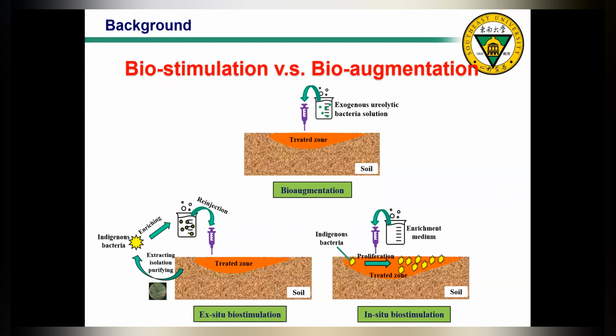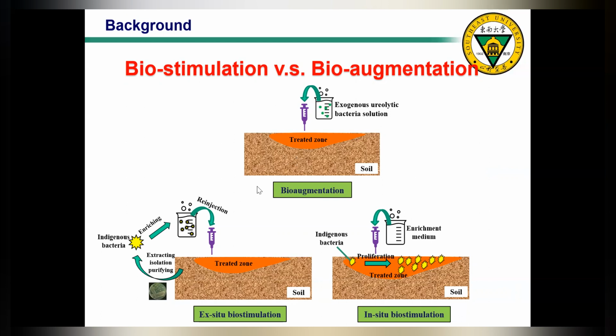But the disadvantage of the bio-augmentation method is that the compatibility of the injected bacterial solution with the natural environment is questionable, and sometimes the injected standard bacteria may not survive for a long time.